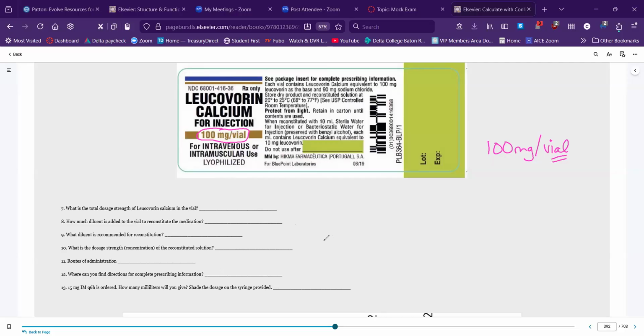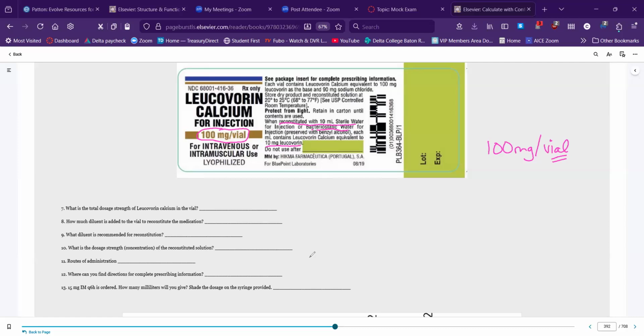I see it says to add 10 milliliters of sterile water. So it says reconstitute with 10 milliliters of sterile water or bacteriostatic water, so either one of them, to equal 10 milligrams of leucovorin per milliliter.